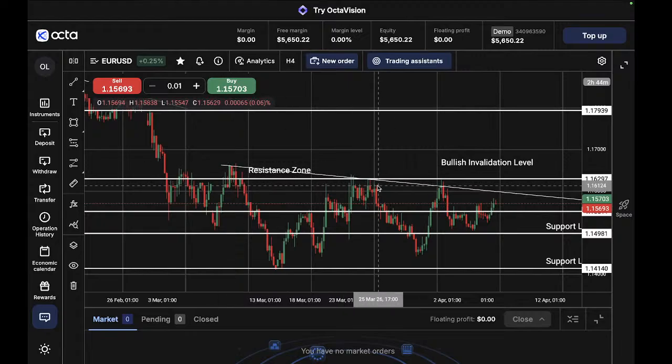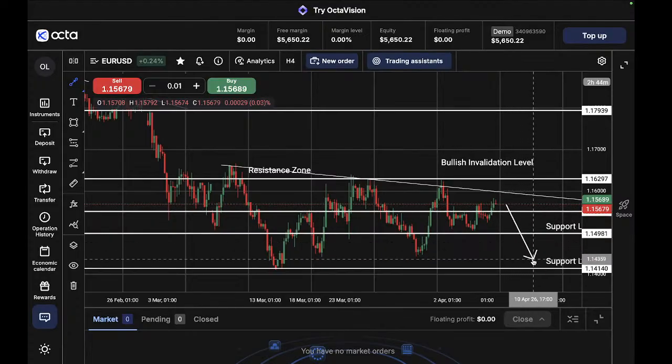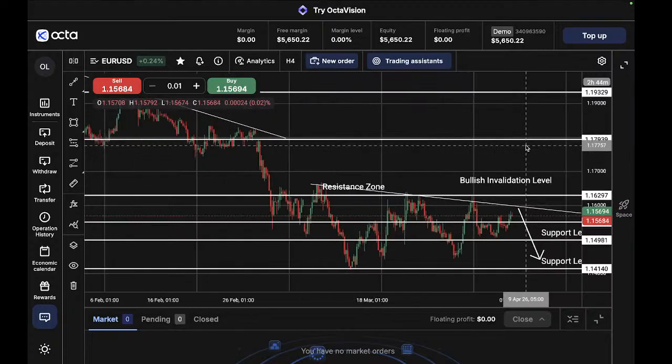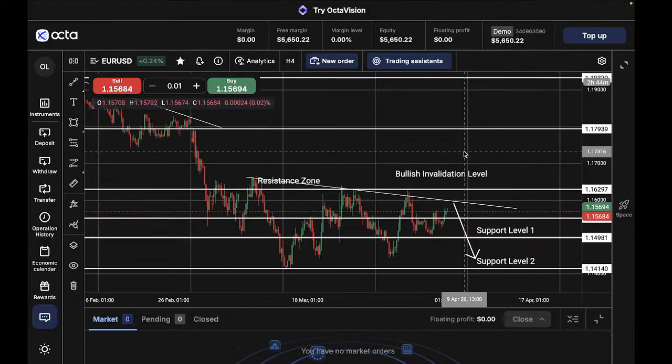A lower high, a continued lower high. All right. So the chances that price would push back from here is high, either to the first support zone, okay, or to the second support zone.